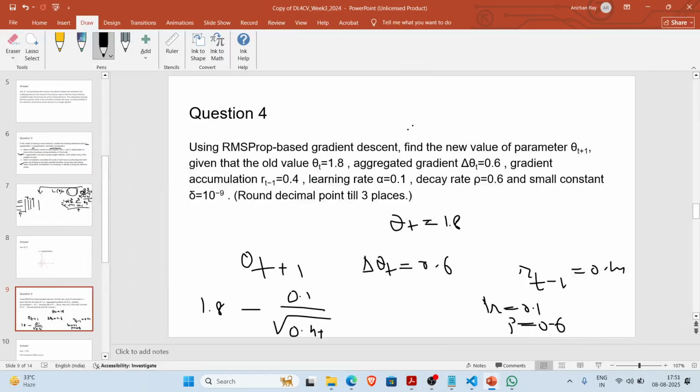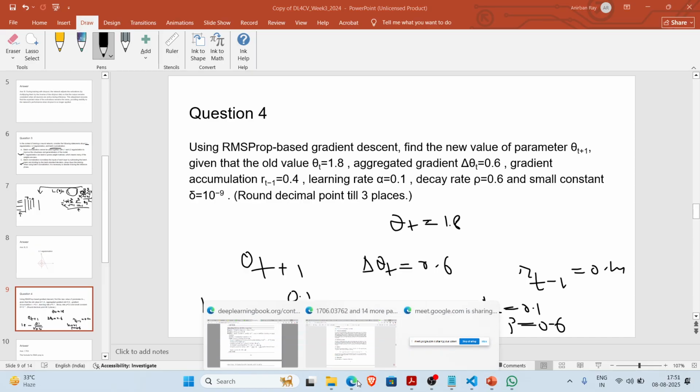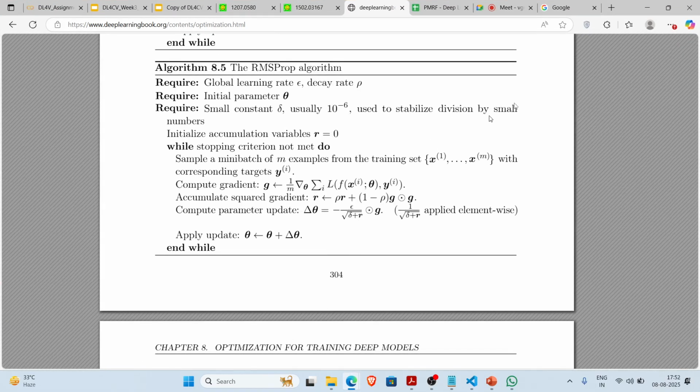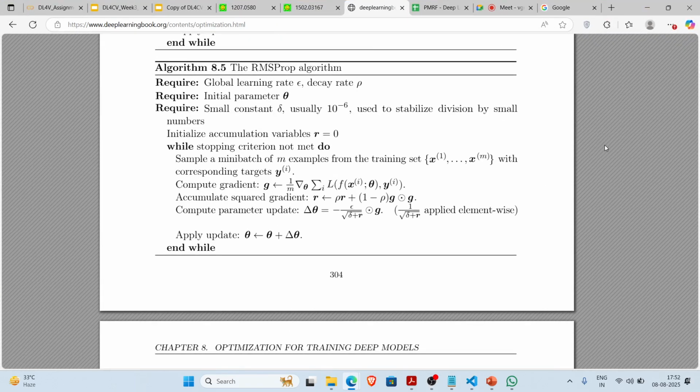So what I've done: r at t minus 1, the previous step, is given. You have to calculate r at this step. That will be rho, 0.6, times 0.4, plus 1 minus rho, which is 0.4, times g dot g.